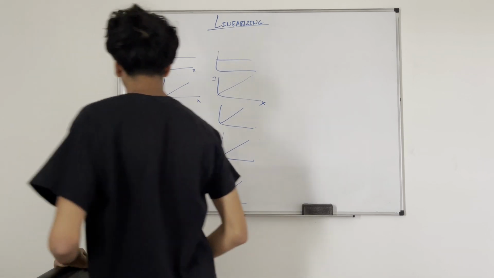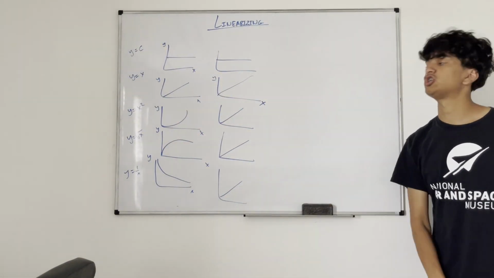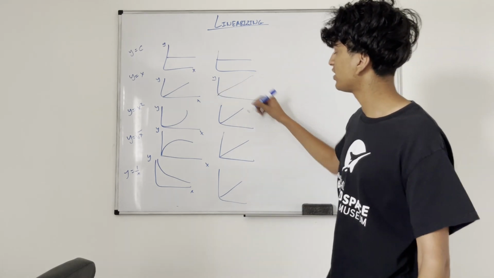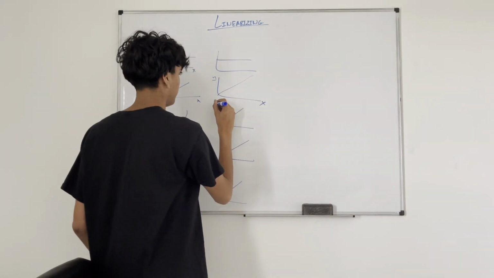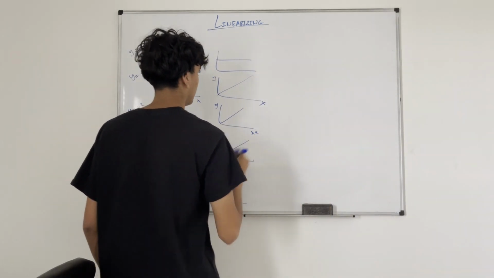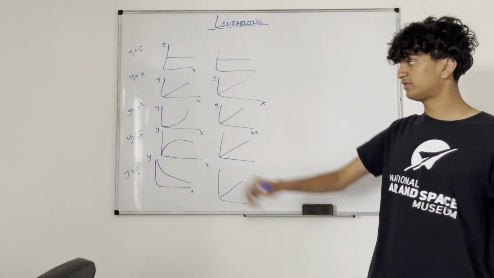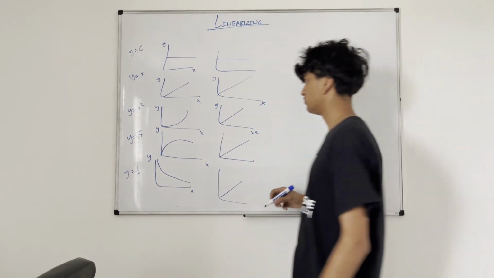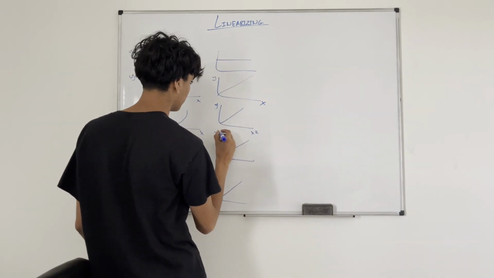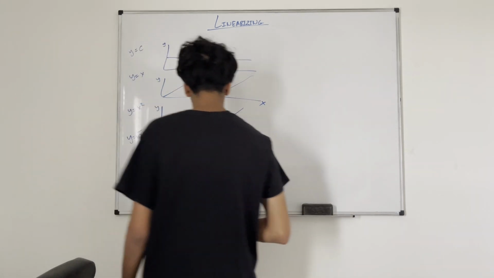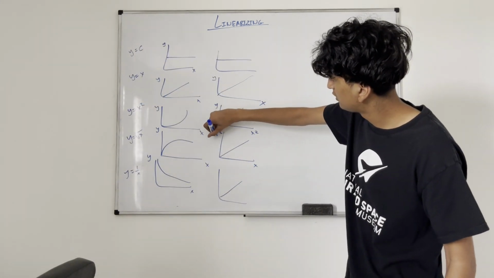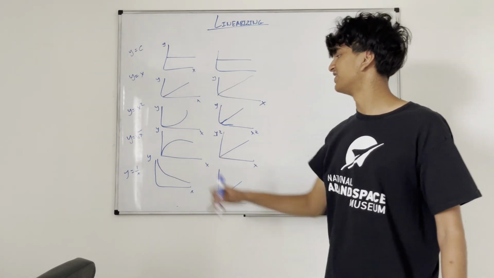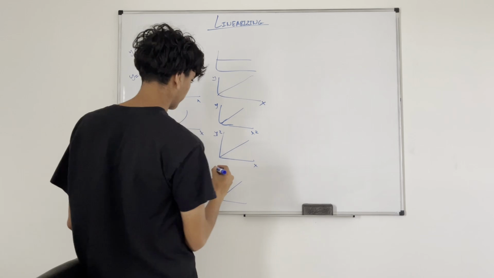So this is just which graph is which. If you want to make the quadratic linear, you have to graph y over x squared. For the square root, you can either graph y over square root x, but the way I like to do it is y squared over x. Sorry, I'm just fixing the graph. And then for the inverse, you're going to want to graph y over 1 over x.